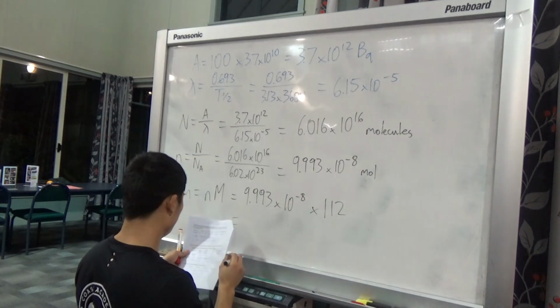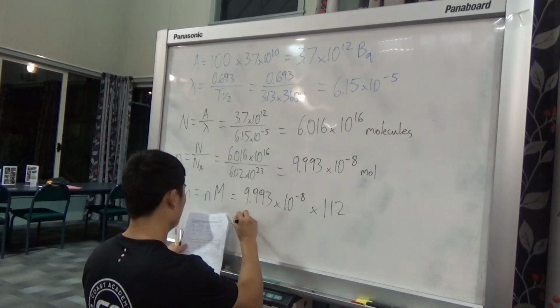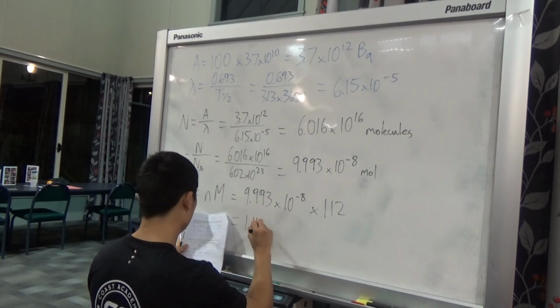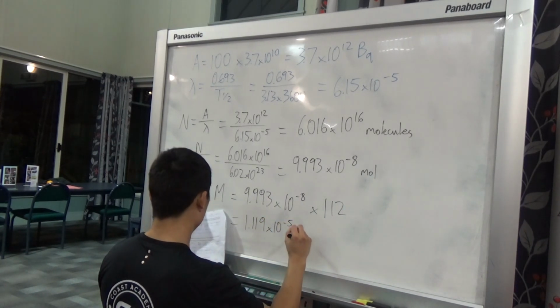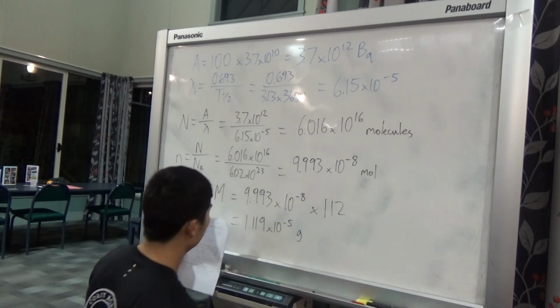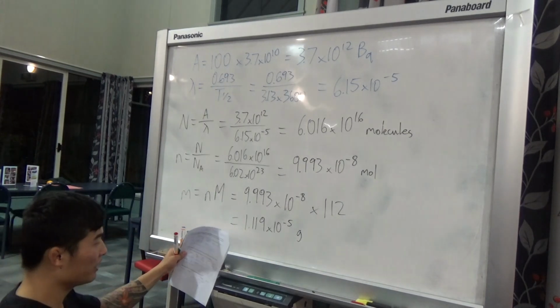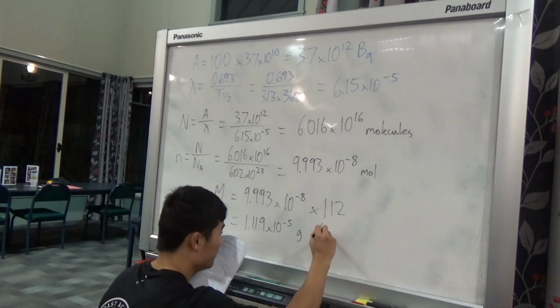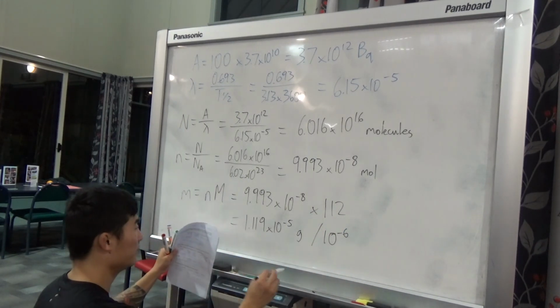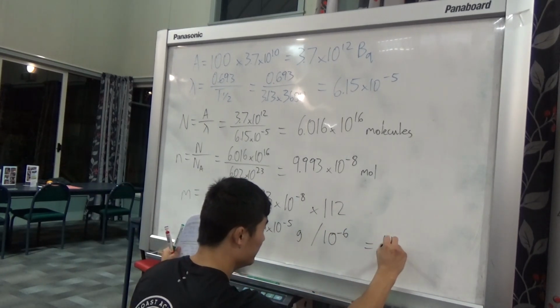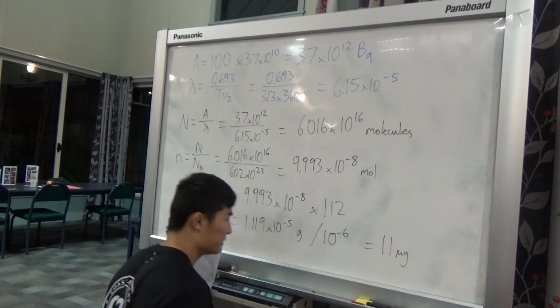And that's 1.119 times 10 to the negative 5 grams. Okay, and you want that to be in micrograms. So divide that by 10 to the negative 6. And that will just be 11 micrograms.